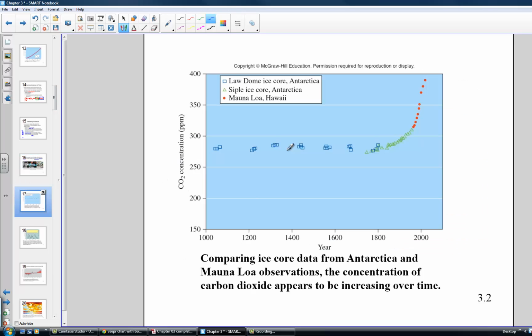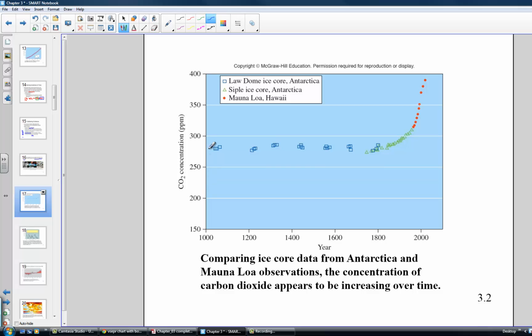And that's what this slide is allowing us to do. Again, this is an ice core over Antarctica, in the squares. Then we started to collect over the Sipple ice core in Antarctica, which is the triangle, so you see some data represented here. And then at Mauna Loa, the volcano in Hawaii, you start to see the red dots here.